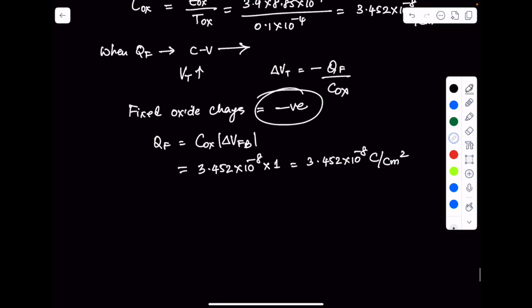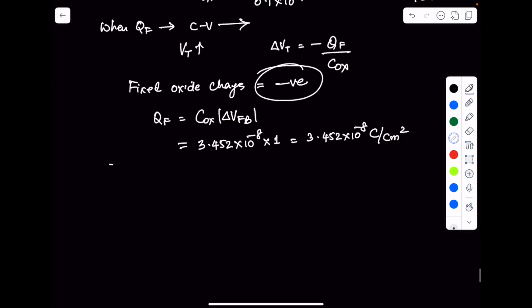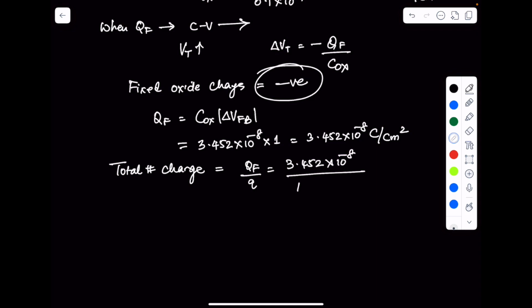And if I want to convert it to a number, the total amount of charge is Qf divided by the electronic charge. So 3.452 into 10 power minus 8 by 1.6 into 10 power minus 19, which gives you 2.156 into 10 power 11 per centimeter squared.